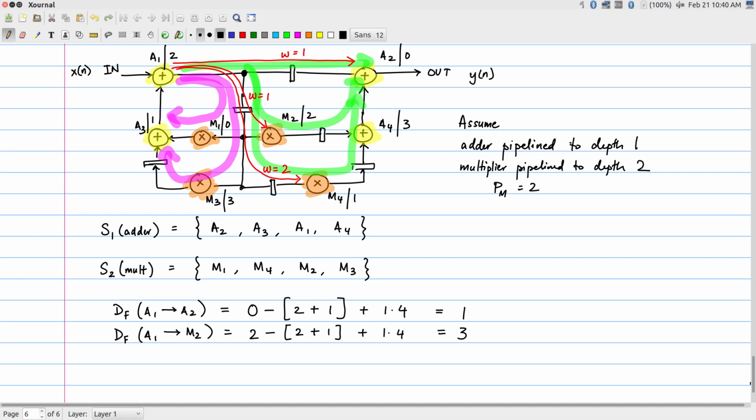Right? What about the DF from A1 to M4? In this case it is 1 minus 3 plus 2 into 4. Okay, so 1 minus 3 minus 2 plus 8 is equal to 6.